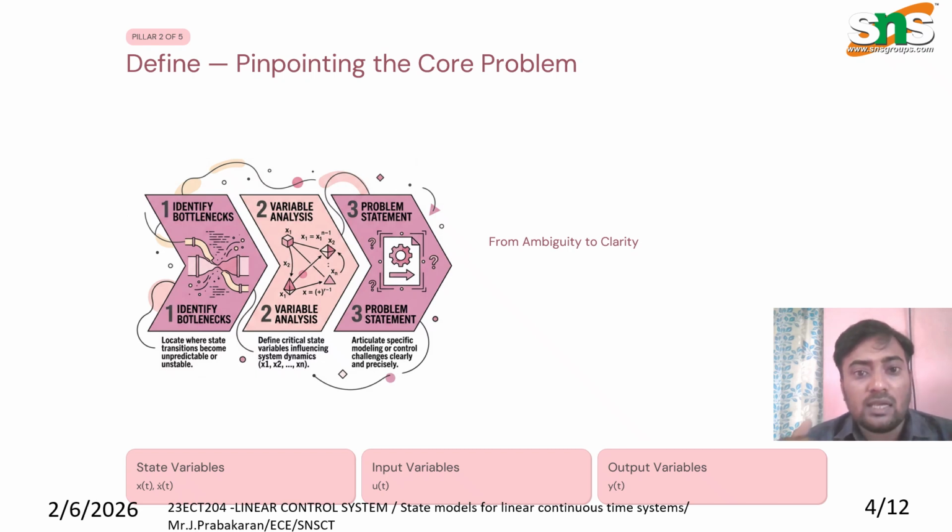Input variables are represented by u of t. These are external signals applied to the system. Output variables are represented by y of t. These are the measurable responses of the system. By identifying these variables correctly, we create a foundation for state space modeling.